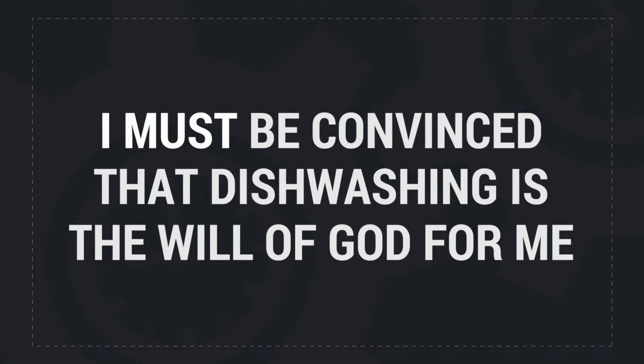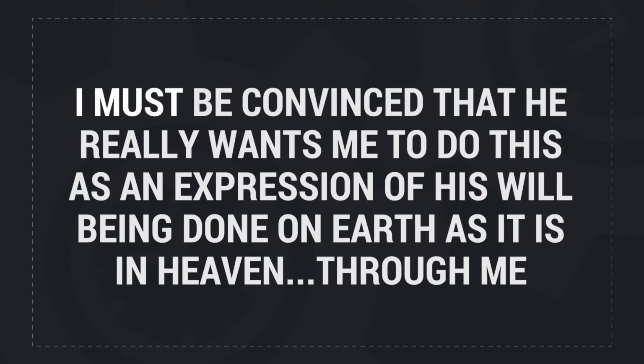And the person who did this exercise said, well, I really must be convinced that dishwashing is the will of God for me. I must be convinced that he really wants me to do this as an expression of his will being done on earth as it is in heaven through me.